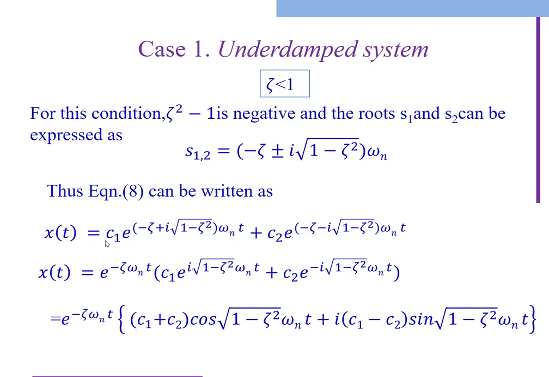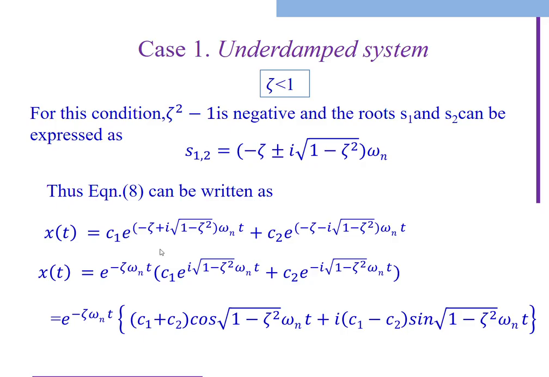We can get x of t is equal to c1 e to the power of minus zeta plus i under root of 1 minus zeta square into omega n into t as the first term, plus the second constant c2 into e to the power of minus zeta minus i under root of 1 minus zeta square into omega n t. Okay, this is the displacement equation.